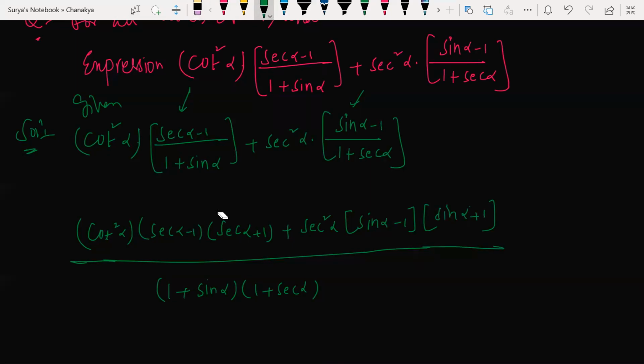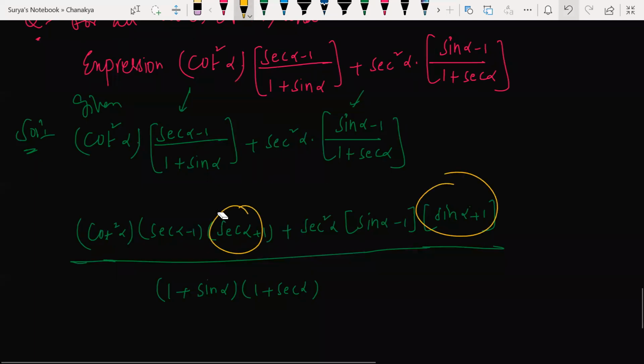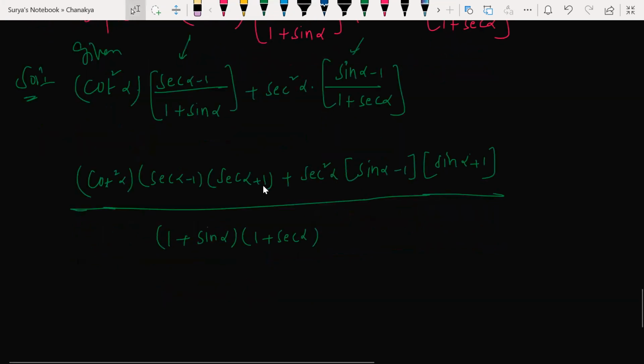Any doubt, guys? I took the LCM. I equated that. I added these two, that's it. I took this LCM, isn't it? Any doubts? No doubts. So isn't it looking like A plus B, A minus B?